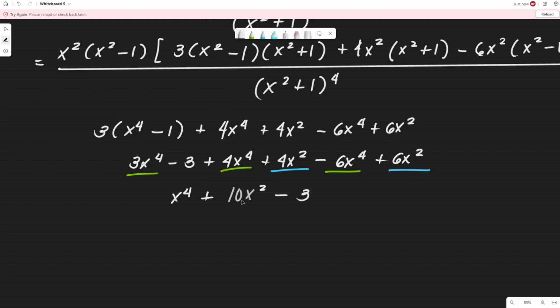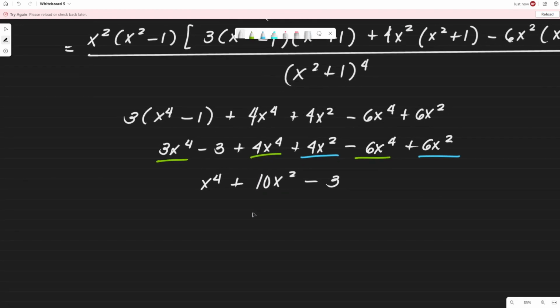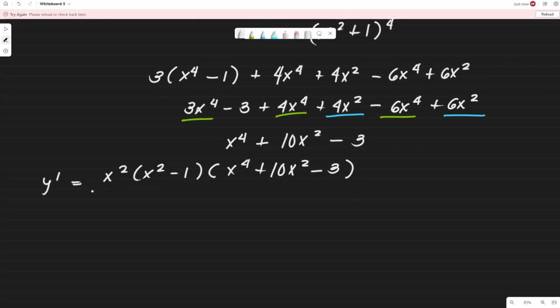Okay, so this is not factorable anymore. So, ayan na lang i-multiply natin. So, we have y prime is equal to x squared times x squared minus 1 times x to the fourth plus 10x squared minus 3, all over x squared plus 1 raised to 4. This is our answer.